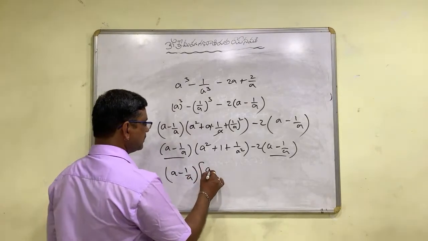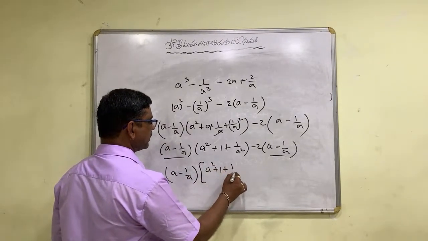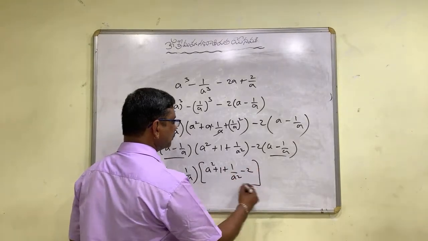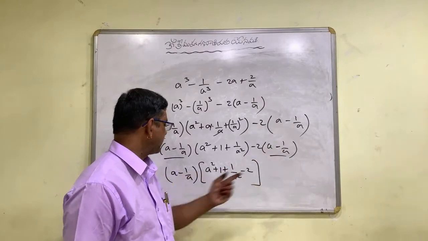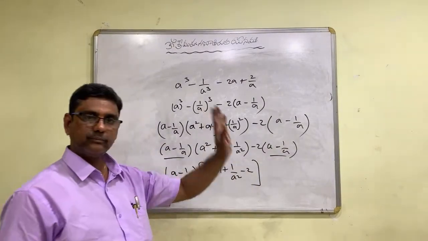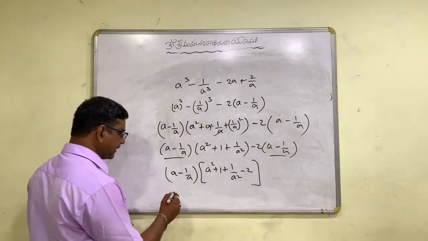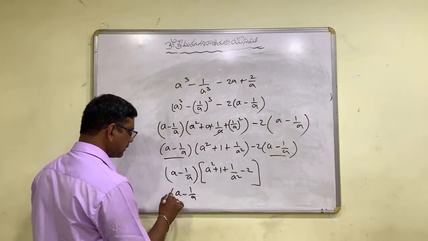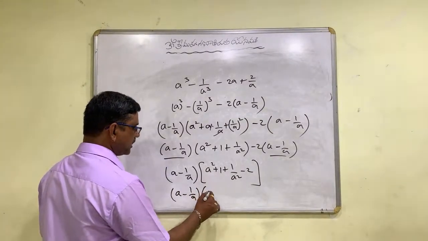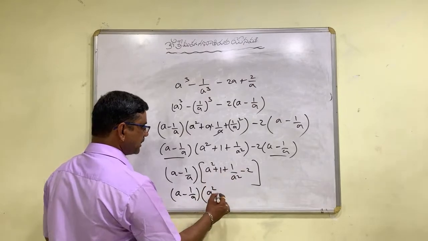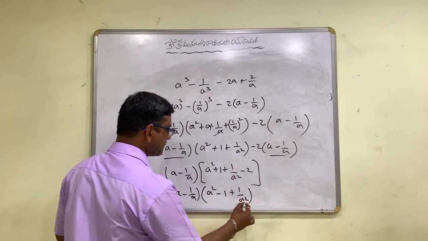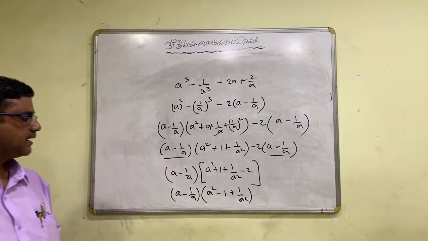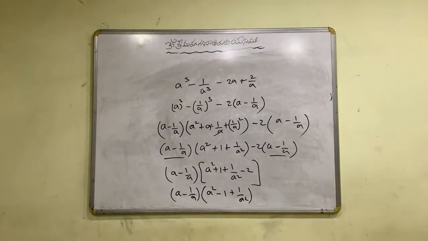Remaining is a square plus 1 by a square minus 2. If I take a minus 1 by a common, remaining is minus 2. So what is the answer at the end? A square plus 1 minus 2 is minus 1, plus 1 by a square. This is the answer. Important model.